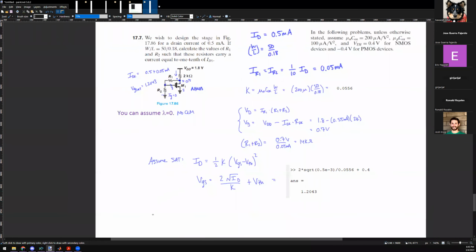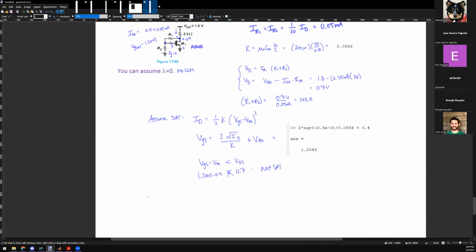No, because there's a contradiction: VGS minus VTH is going to be less than VDS. VDS is 0.7, and this is 1.2043 minus 0.4. This is not true, right? Therefore, not saturation. Would you guys agree? Yes.